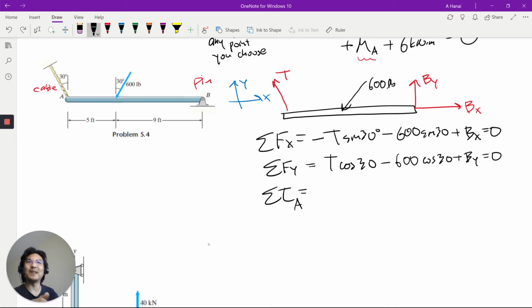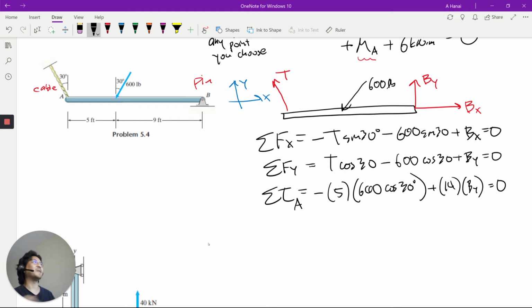And that will be negative 5, then 600 cosine, and then from here to here is 14, which is plus, and that's it. Okay, and then again we have three equations, three unknowns. No problem, right?